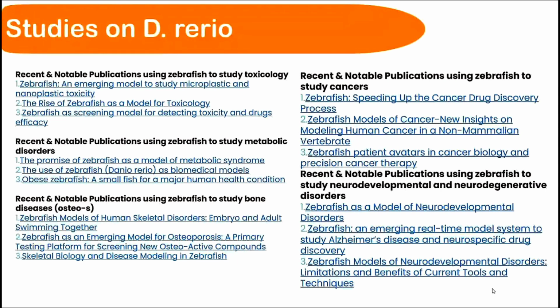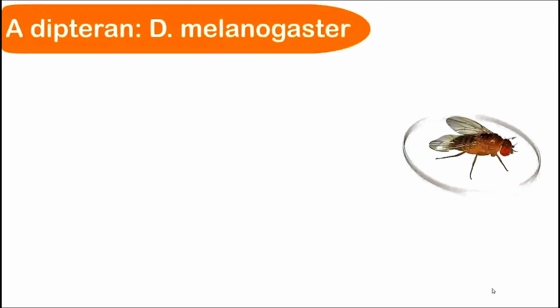And like I said, I'll be talking about one interesting aspect later on when we talk about Drosophila. So zebrafish has therefore found space in several aspects, whether it is toxicology, metabolism, the skeletal system, neurodegenerative diseases, or cancer as well.